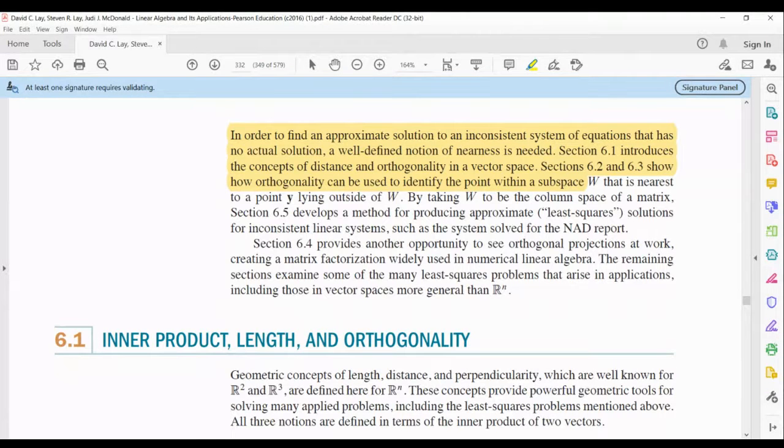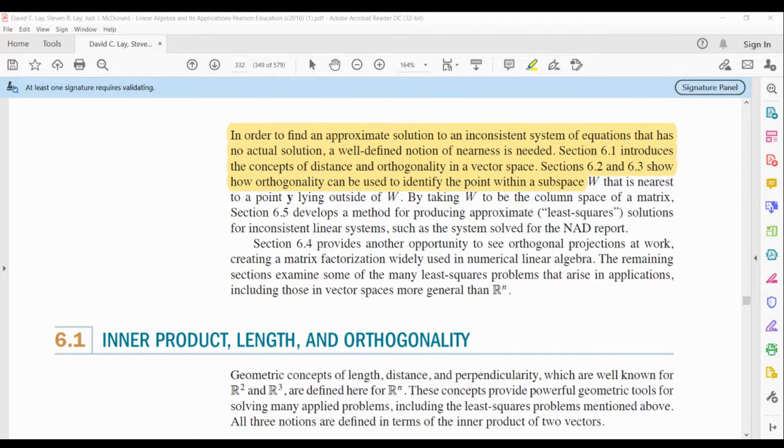But in order to understand that, we need to understand what nearness means. Okay, what does nearness mean? Well, in section 6.1, we're going to learn about concepts of distance and orthogonality. And eventually, you're going to have a very good understanding of what nearness means.